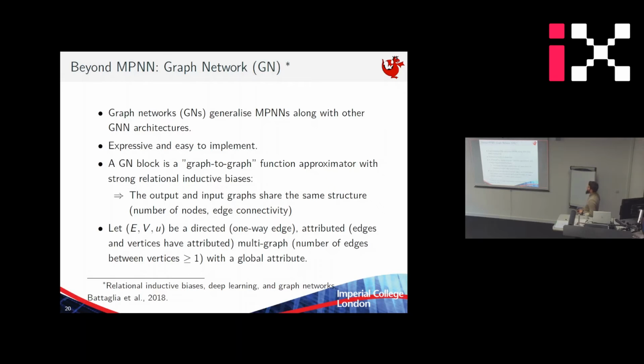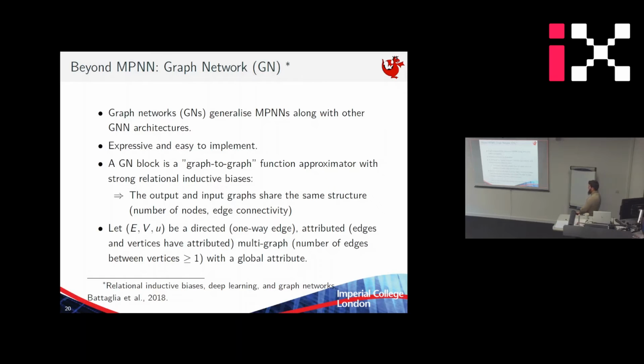So it's not just a set of edges and vertices, you also have a global attribute. So something that depends on the whole graph. So it's a global quantity that will be updated over the course of the application of your GN graph network.